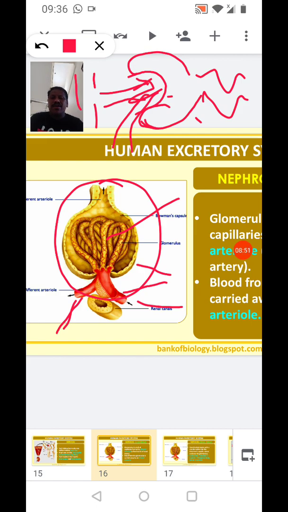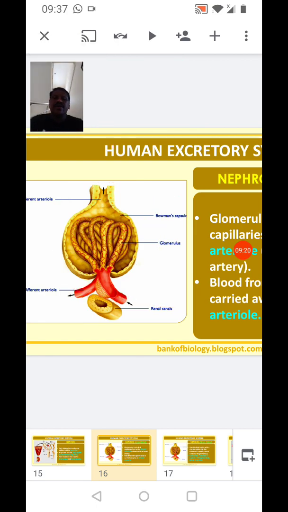And from the glomerulus, one blood vessel comes out, which is known as the efferent renal arteriole, which carries the blood away from the glomerulus. And remember, if you see the diameter of afferent and efferent, the diameter is less in the case of the efferent renal arteriole. Okay, understood? I hope you understood. Very simple.